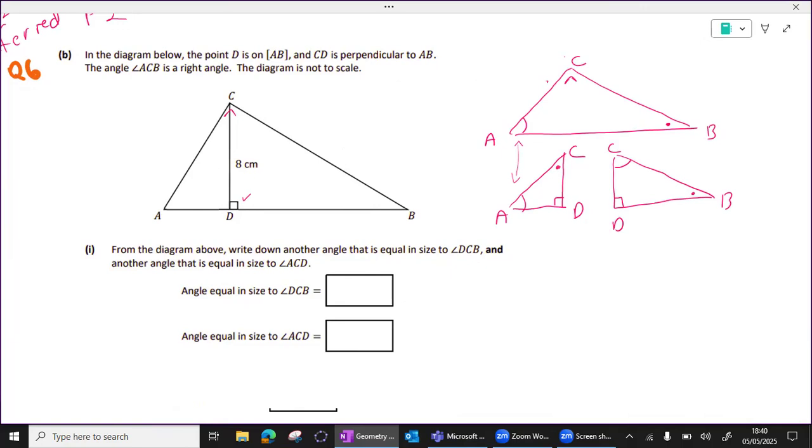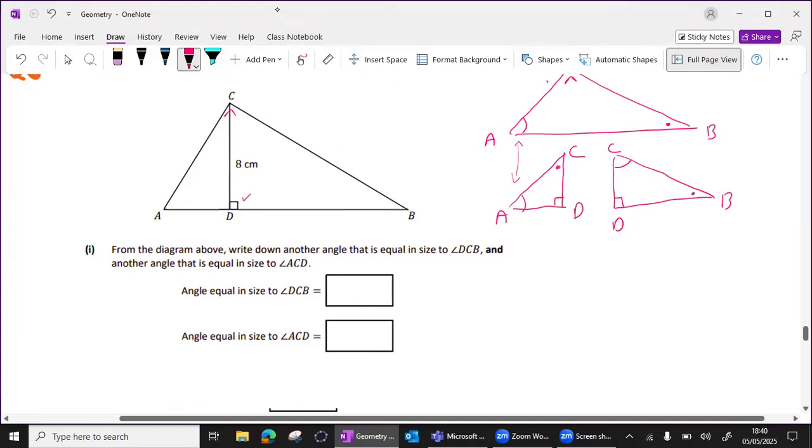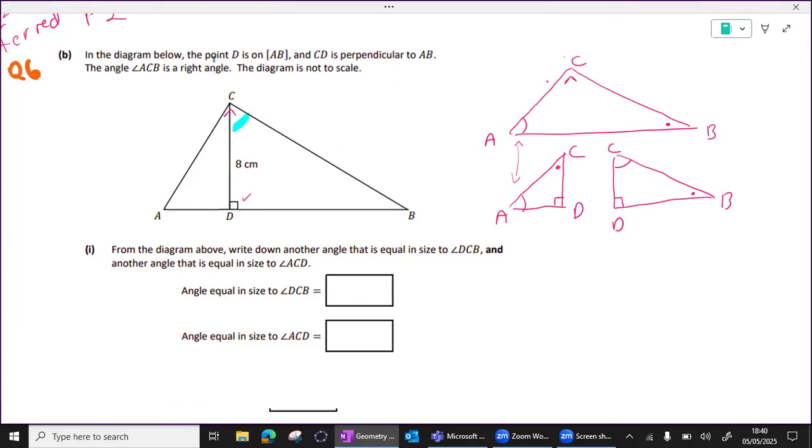So we want an angle equal in size to DCB. So DCB, if we look at the original triangle, DCB is that one. So in our broken up diagrams, it's this one here. So we're basically looking for an angle that's the same as the blue one.